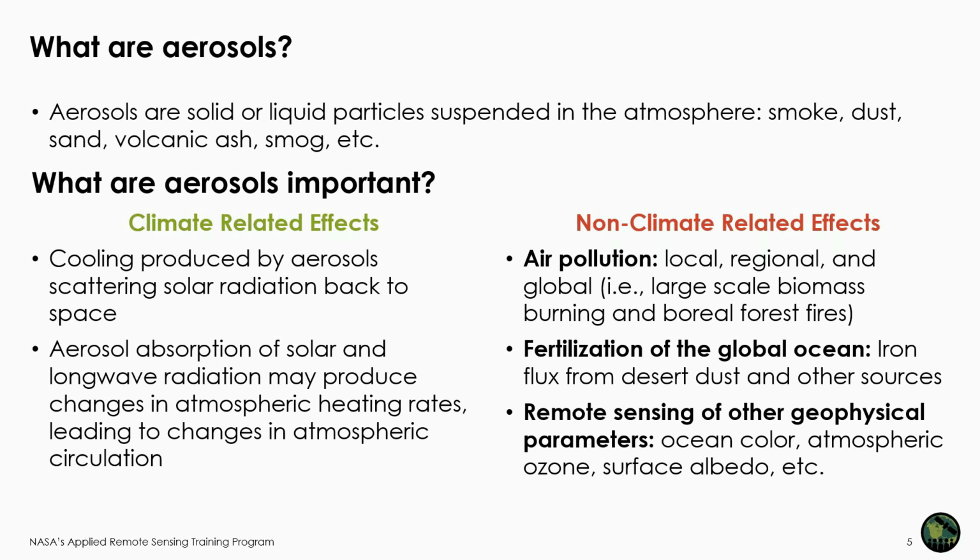A significant part of it gets reflected back into space by these particulate matter. Similarly, some of the aerosols also absorb solar energy and long wave radiation, and may produce change in the atmospheric heating rates. This also can cause changes in the atmospheric circulation.